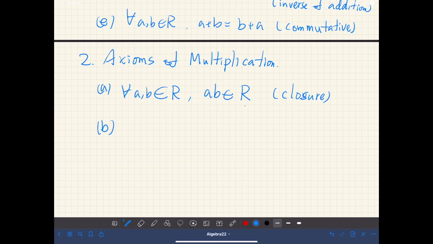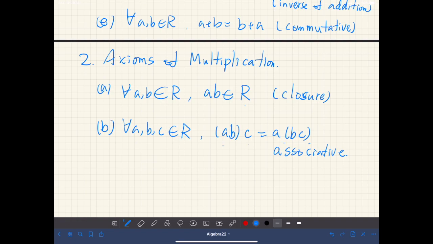And B: for all a, b, c, three elements in R, we have (ab)c is equal to a(bc). So this is again associativity. So when we multiply three elements, it doesn't matter in which order we multiply.